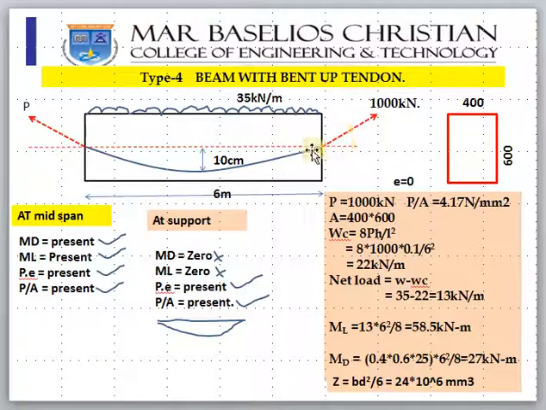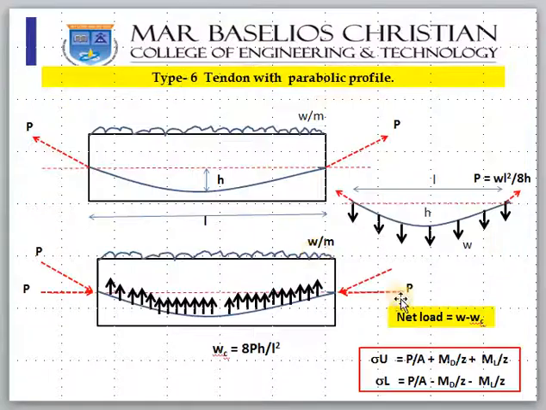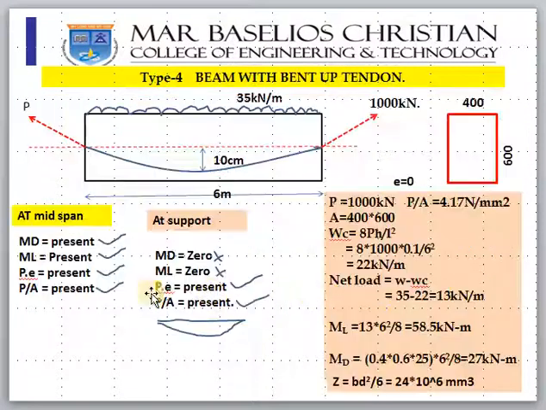But in this case, we don't have an eccentricity, because the tendon is coinciding with the neutral axis. So E will not be there, therefore the PE moment will not be there. But normally, if E is present, then the PE moment will also be there. Then the other thing is P by A because of this force. P by A will be there.